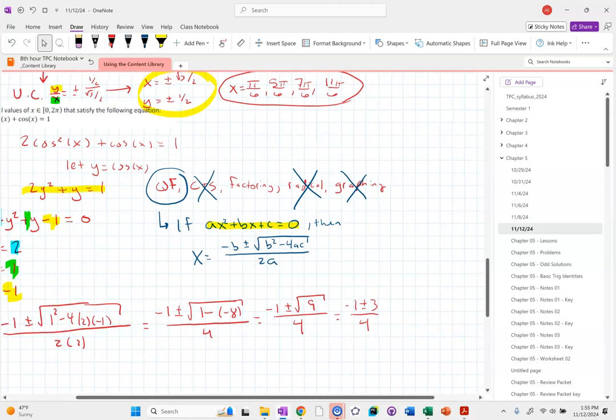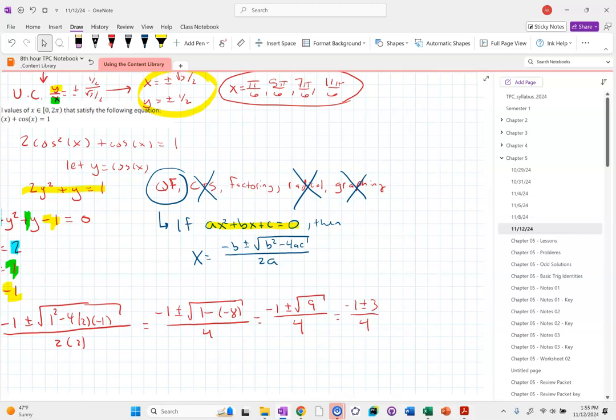How do I do negative 1 plus or minus 3? Is that plus or minus 2? No! How do I do that? You split it, right? You do negative 1 plus 3 as one problem, and then negative 1 minus 3 as another problem.